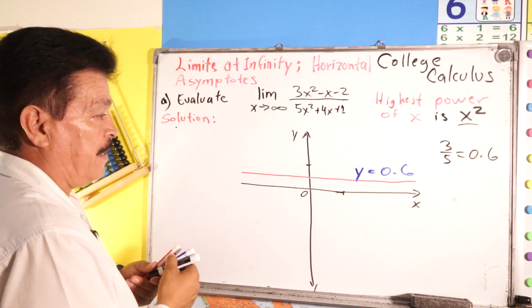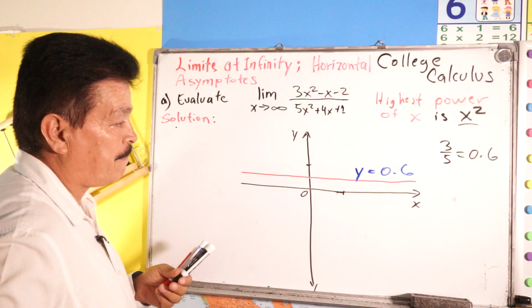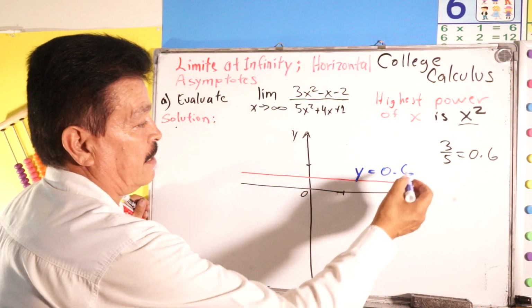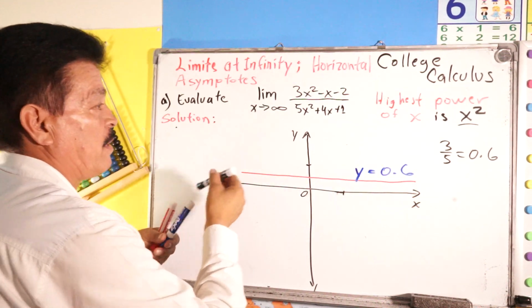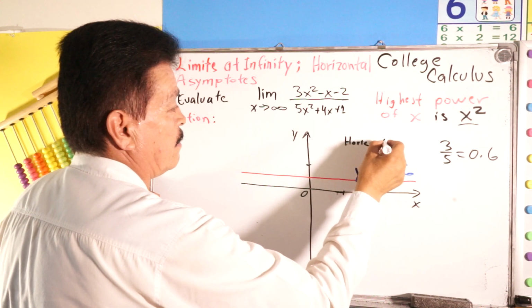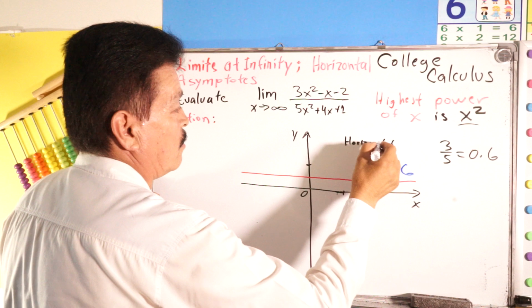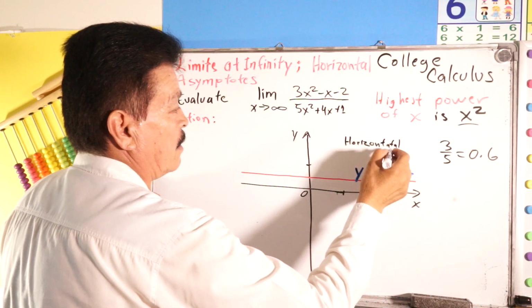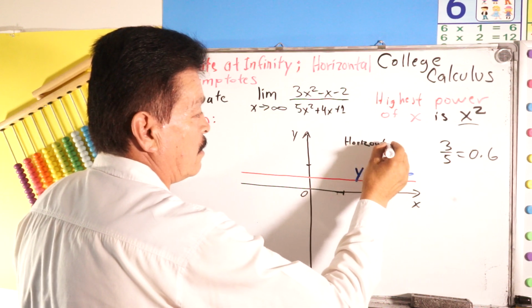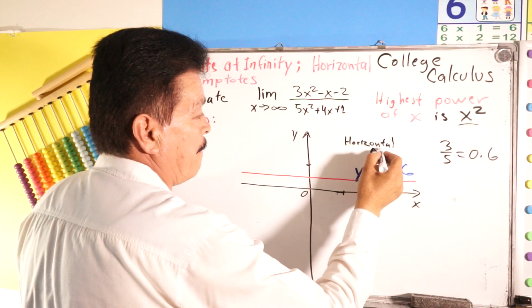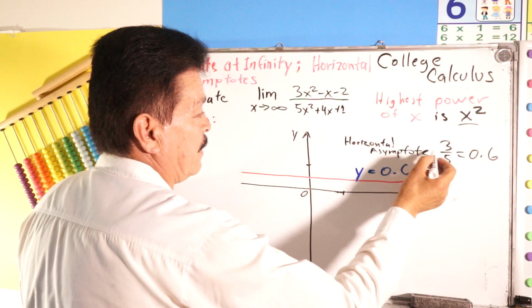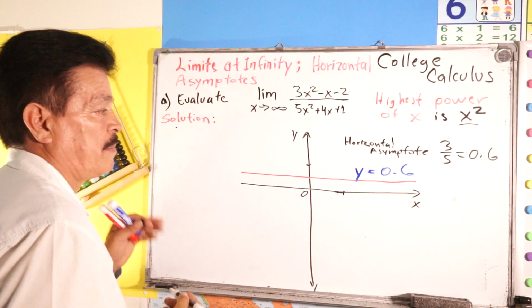So this information here, the horizontal asymptote, let me write it here. This is the horizontal asymptote.